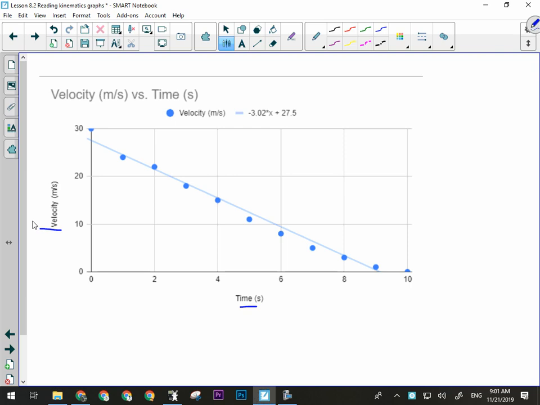That's why on this type of graph, when we're looking at slope, which is m equals y minus b over x, what we're really looking at is one velocity minus another velocity divided by time, which is the formula for acceleration. Okay, they're the same thing.